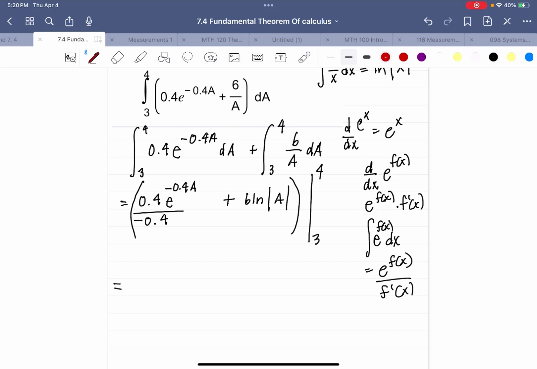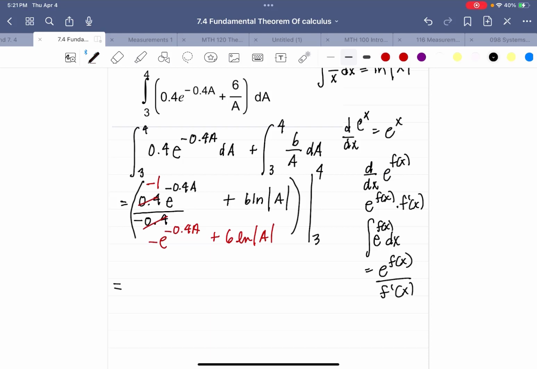Now I can reduce this to a negative 1, so I've got negative e to the negative 0.4a plus 6 natural log absolute value of a.